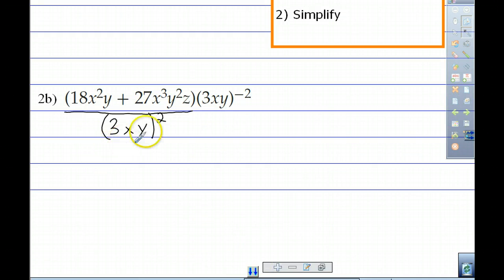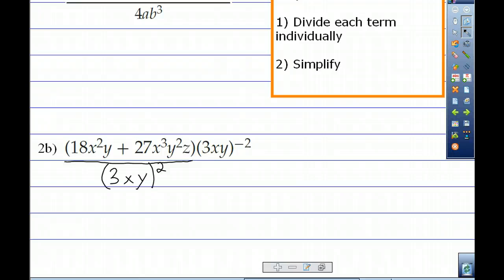Right. So to simplify this, simplify that first, then go ahead and distribute on the bottom. Again, that goes away because we moved it.